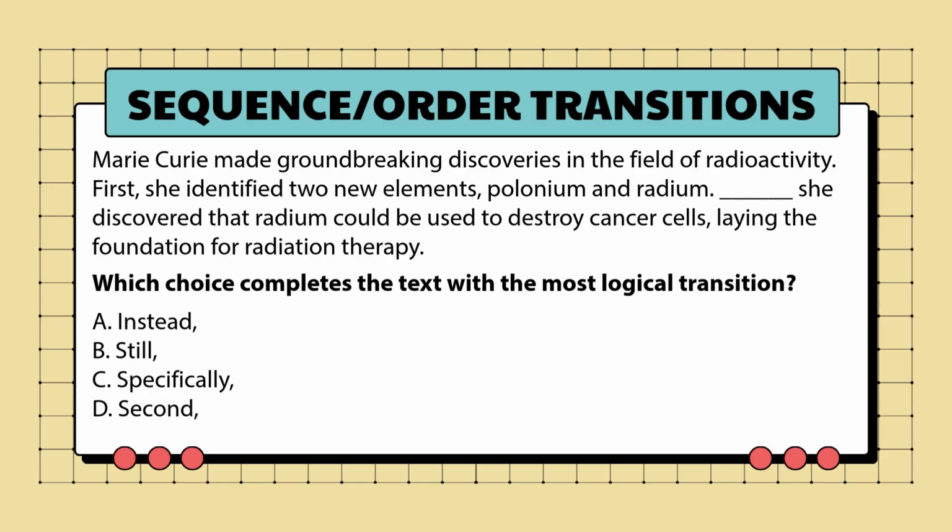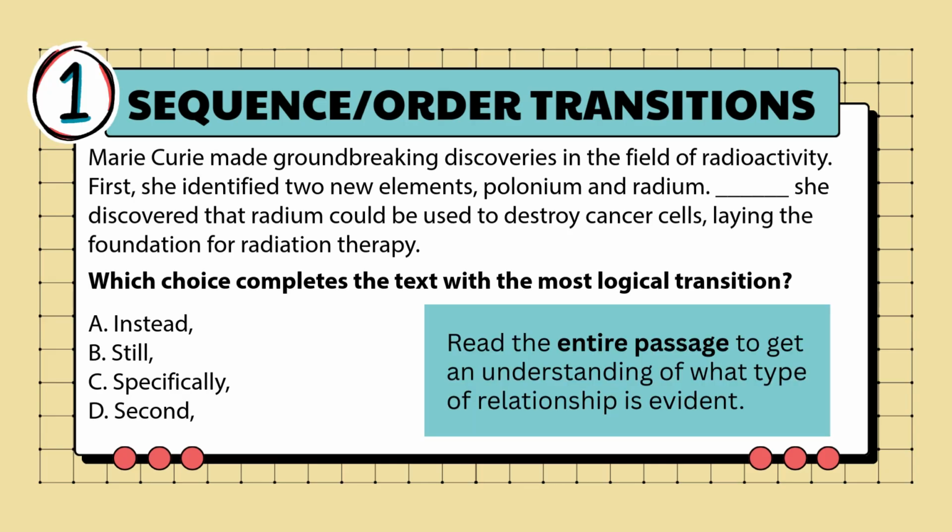Here is the question by itself. Again, notice the question gives you a short passage that contains a blank and then asks you which choice completes the text with the most logical transition. The first step is to read the entire passage while looking for the relationship between sentences.